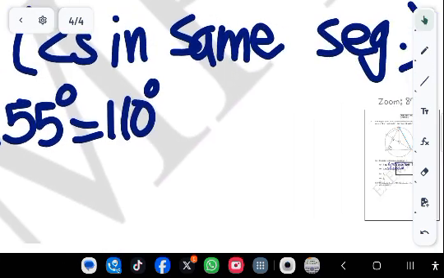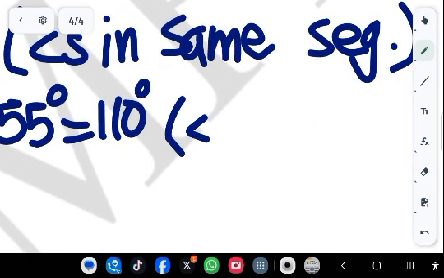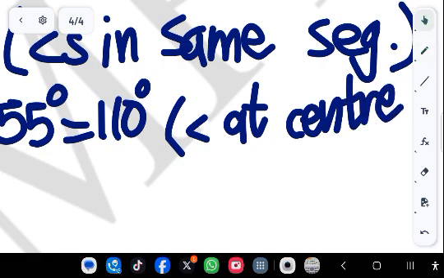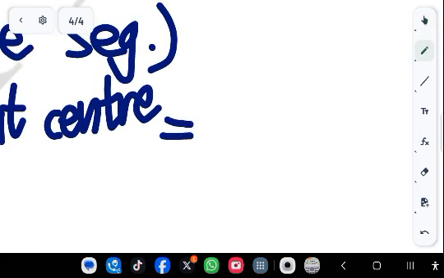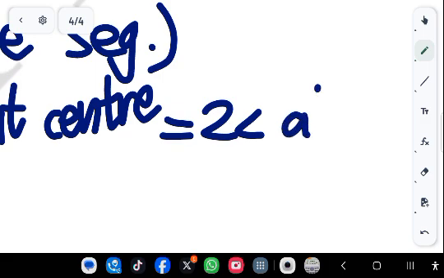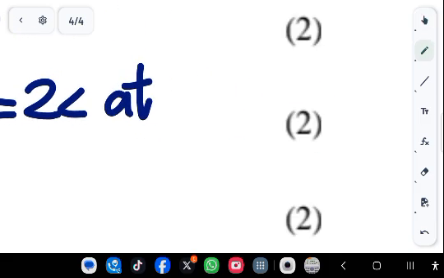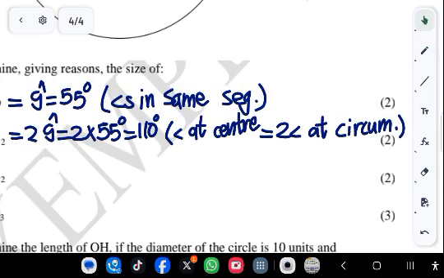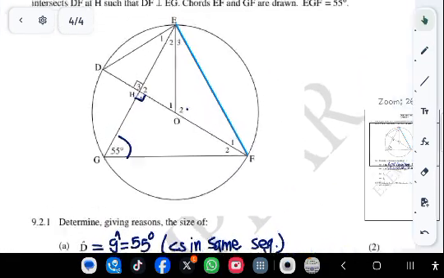And the reason is angle at center is twice angle at circumference.